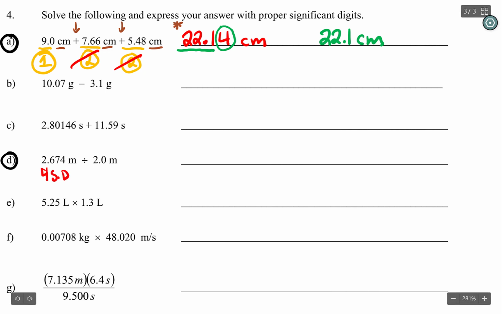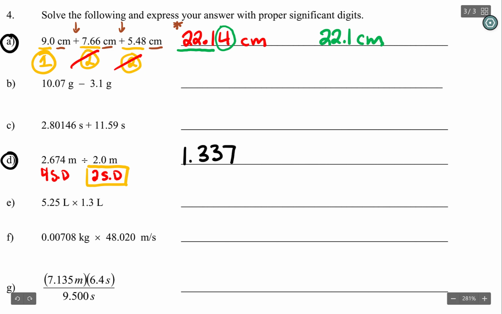And for our second number, this is 2 significant digits. The number which has the least number of significant digits is the amount of significant digits you need in your answer. So I need to have 2 significant digits. When you punch this in your calculator, what you would get is 1.337.